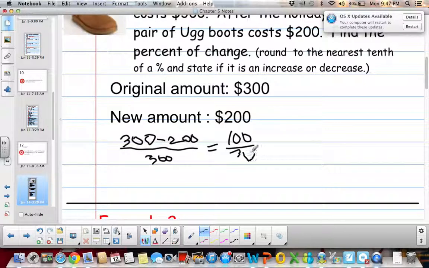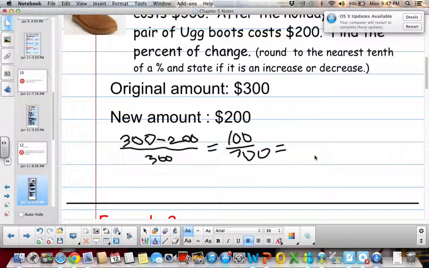So then we take 100 and we divide it by 300. 100 divided by 300 equals 0.333333, repeating.